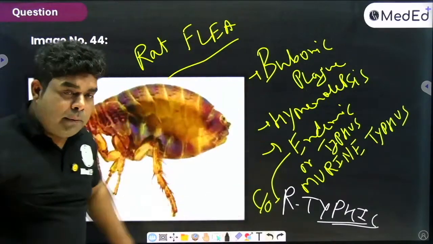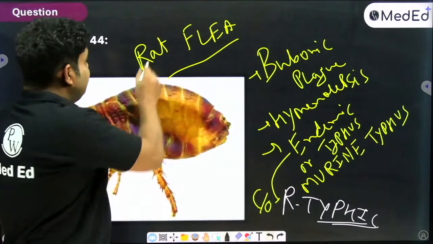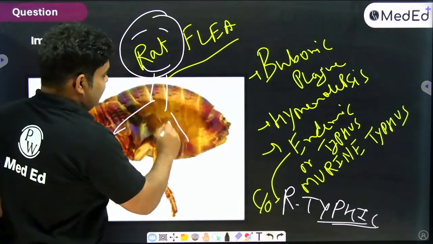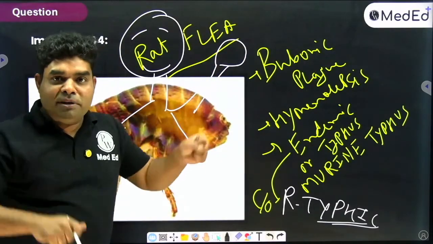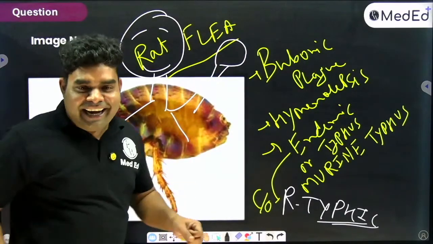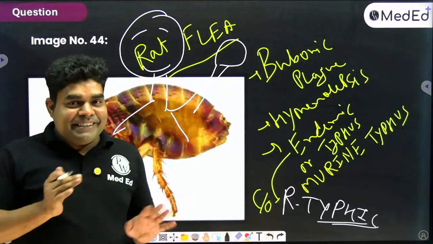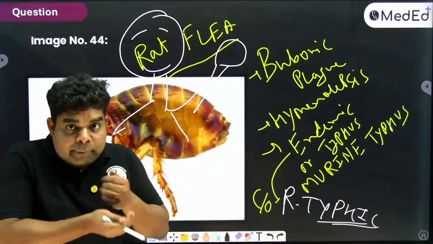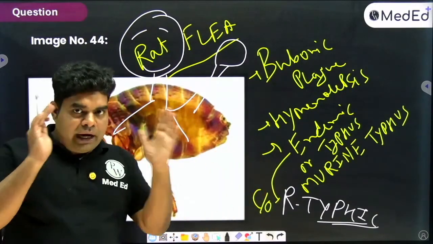Now these four diseases can be remembered by thinking that suppose Chota Bheem is sitting over the rat flea. This is Chota Bheem sitting over it. And this is coming out from Chota Bheem. What is this coming out from Chota Bheem? This is the Gada of Chota Bheem. And you all must have watched Chota Bheem in every language. It is our local hero, endemic to India. That's why it transmits endemic, like that you can associate.